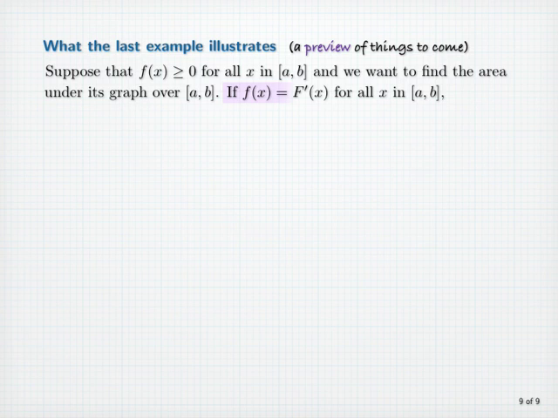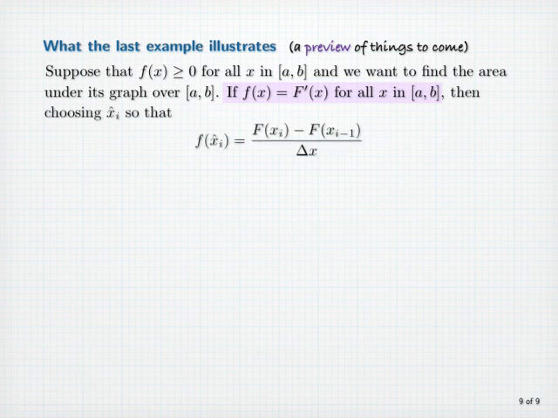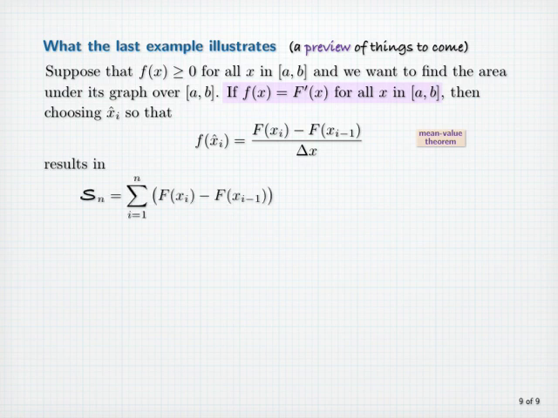If f of x is equal to the derivative of some function capital F of x for all x in that interval, then by choosing x hat sub i so that f of x hat sub i is equal to capital F of xi minus capital F of xi minus 1, divided by delta x, which we can do by the mean value theorem, we get a sum, Sn, equal to the sum from i equals 1 to n of capital F of xi minus capital F of xi minus 1, which is a telescoping sum that simplifies to simply capital F of xn minus capital F of x0.